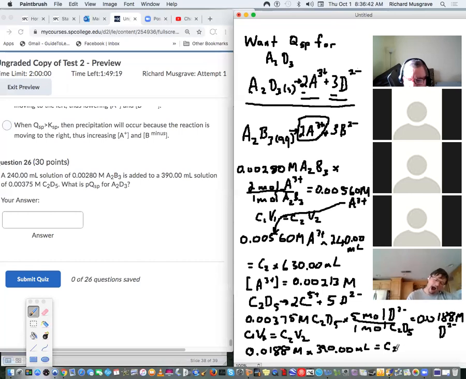And that equals C2 times the total volume, 630.00 mLs. And our final concentration of D2− is going to be 0.016116.